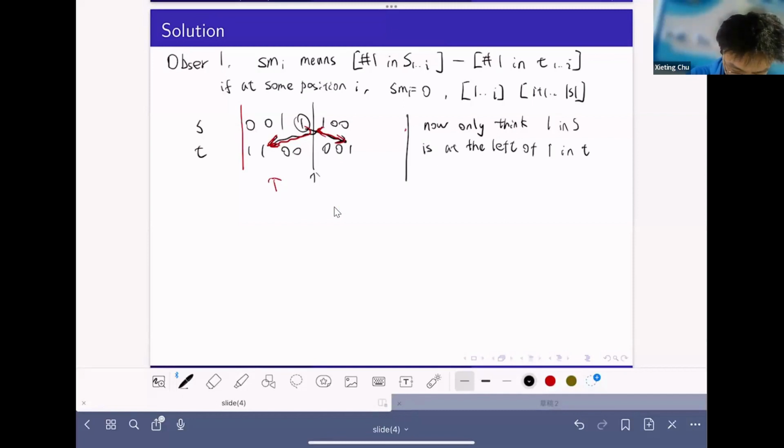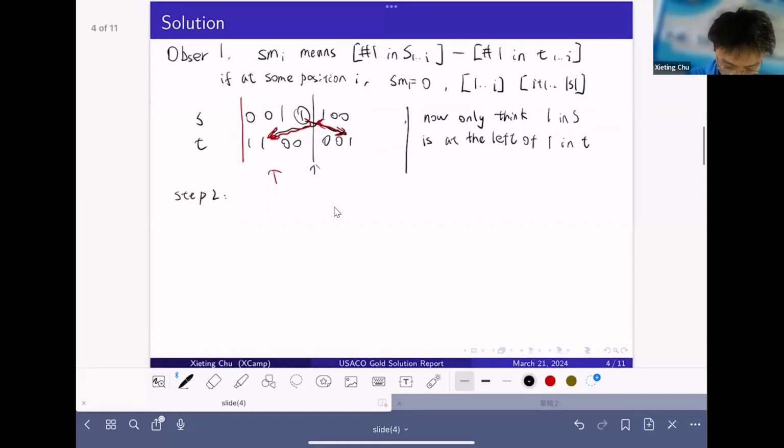Okay, and then comes a very magical operation. Step 2 is somehow magic, but reasonable: we can rearrange the positions 1 to n into a k times n over k grid.